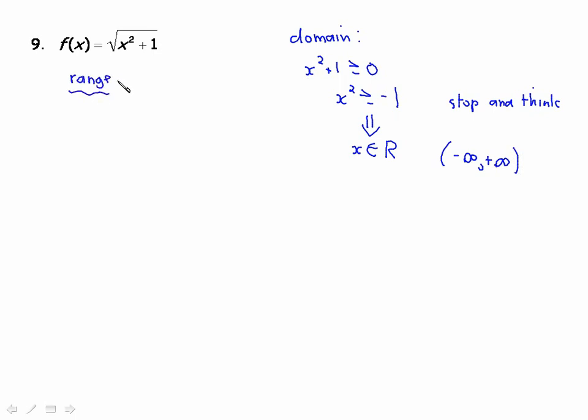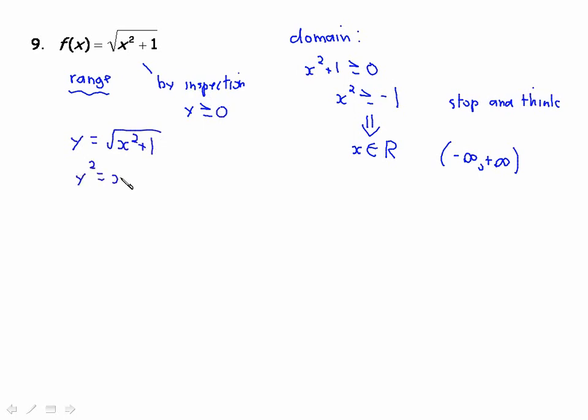Then we turn our attention to the range and we note that by inspection y must be positive, greater than or equal to 0. Square root, it's the positive square root. But when we do the algebra, we write this as y is equal to the square root of x squared plus 1. We square both sides.